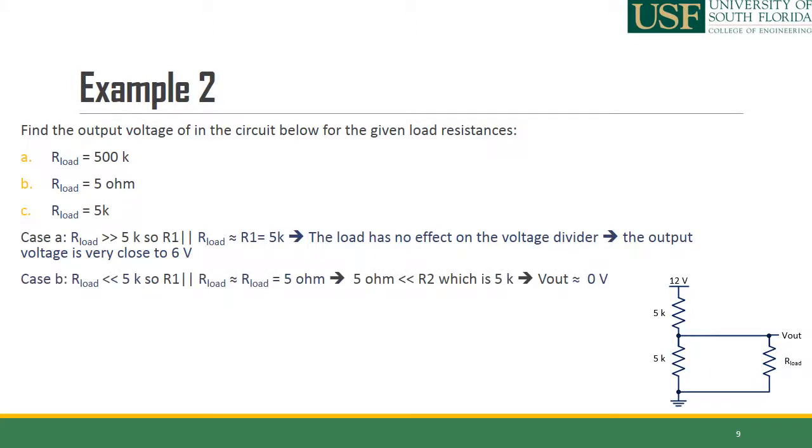If we go for case B, in which our load is 5 ohm, 5 ohm is such a small resistance that it would be very dominant when we put it in parallel with a 5 kilo ohm resistor. So the 5 kilo ohm resistor in parallel with 5 ohm would give us about 5 ohm resistance, and 5 ohm is much smaller than R2.